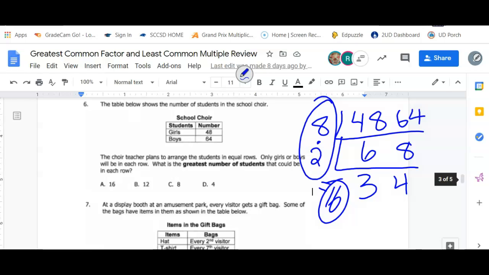Okay. You ready for this? How many rows will we have? The choir teacher will have how many rows?